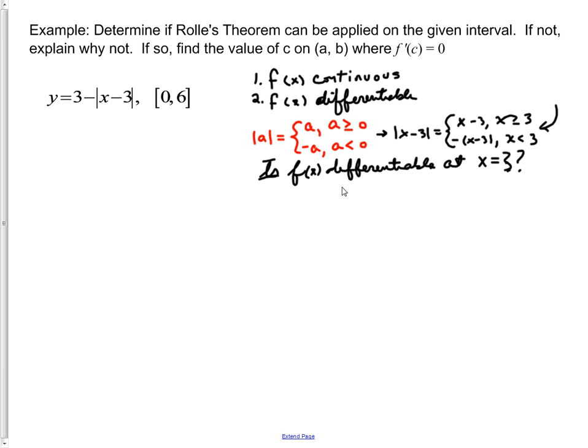Well, the way that we explored differentiability was whether or not a certain limit exists. In this case, I'm going to use another definition. You recall this limit definition that told us that if we were just interested in finding out whether or not a function's derivative existed at a point, f prime at that point would be the same as the limit of the function f of x minus f of c divided by x minus c.